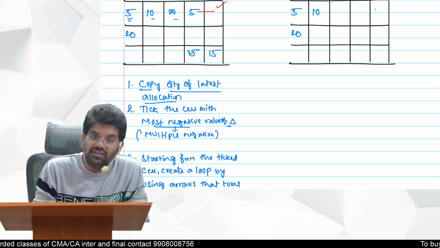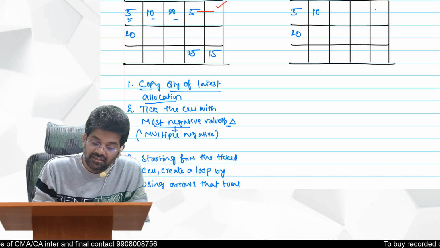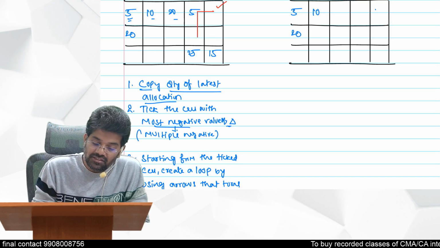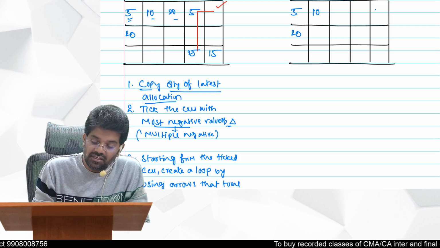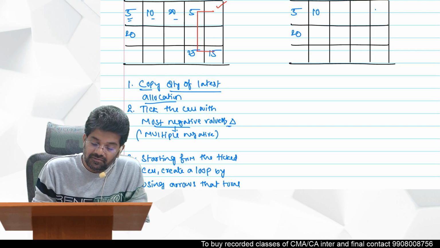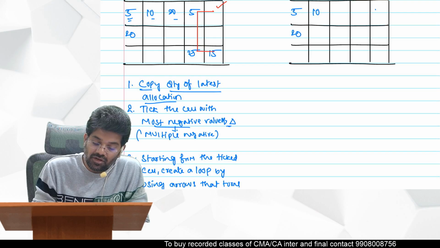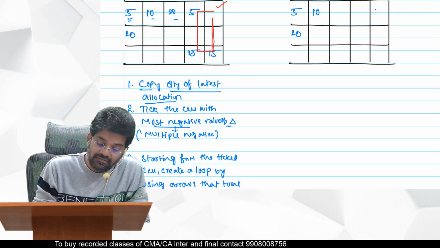You should have allocation there. Then again you can see here there is an allocation. Here also there is an allocation. Here also there is an allocation. So again you are able to come back from here. So you can see there is a loop here.